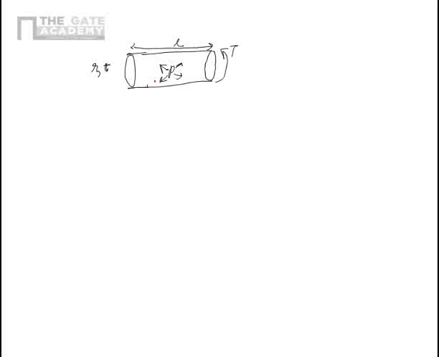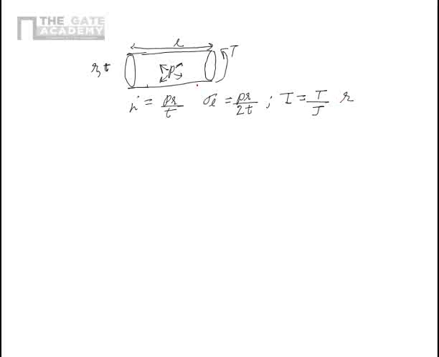So obviously sigma H, the hoop stress, is PR upon T, sigma L is equal to PR upon 2T, and tau, the shear stress, is equal to T upon J into R, where J is the polar moment of inertia of the ring.